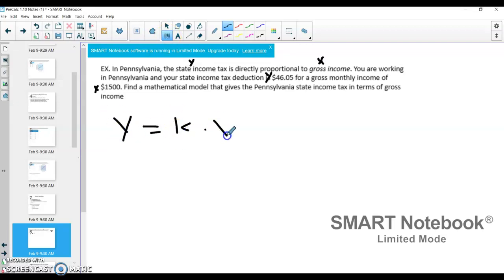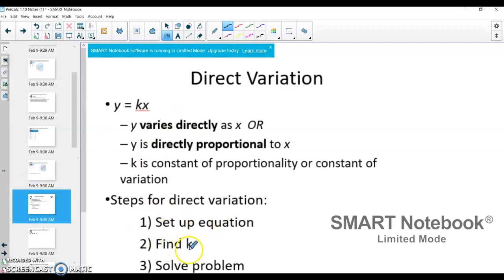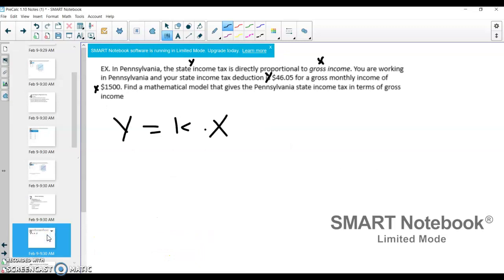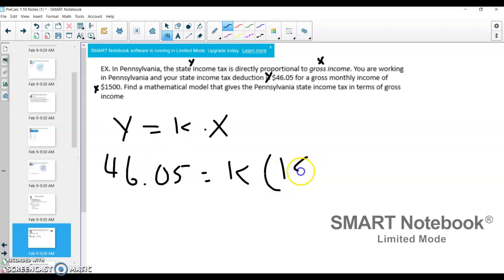equals k times x, and the first step is to plug things in, set up an equation, and find k. And so we got to plug our y in, which is 46.05. K is k, because we need to solve for it, and then that's going to be multiplied by 1,500. Oops, not 15,000, 1,500.